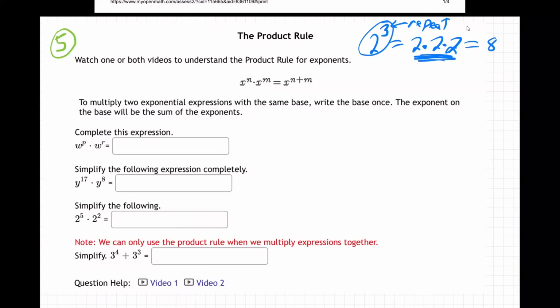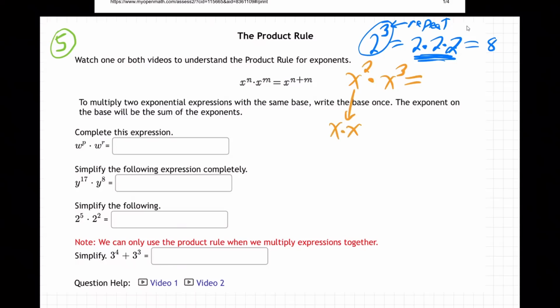Okay, great. So what? Well, let's do x first. What is x squared times x cubed going to equal? Rather than immediately thinking of some rule, let's just think what it really is. What is x squared really?